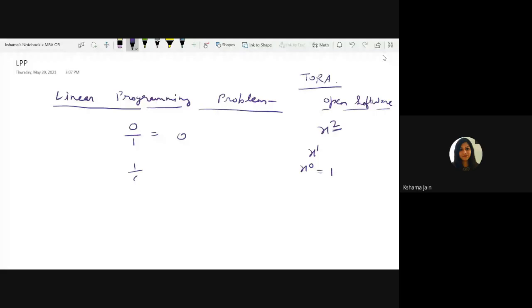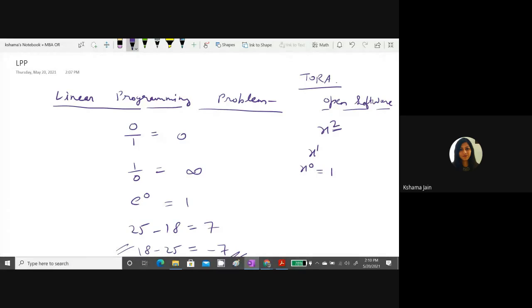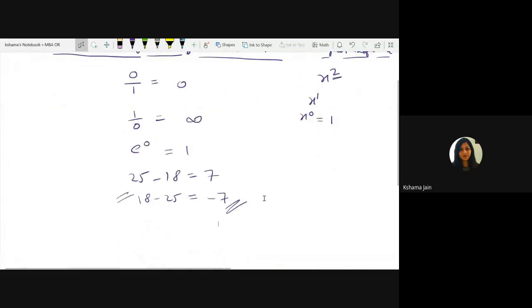E raised to the power 0? 1. 25 minus 18? 7. And 18 minus 25, please don't use calculators. Minus 7. Basically, my main concept was to see whether you know that the lesser number minus the greater number gives a negative answer. We are not having such easy problems, I was just having a look at how much you know.